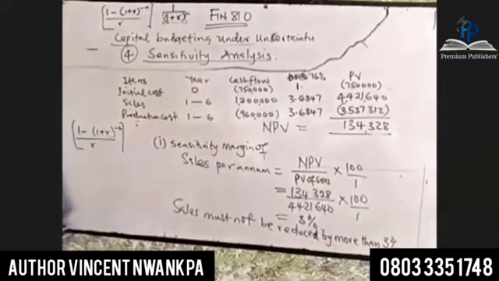If our sales go down beyond that, we're not going to break even. We're not going to make it. That's the sensitivity: it should not go beyond a certain point. If you go lower, there'll be a crash.